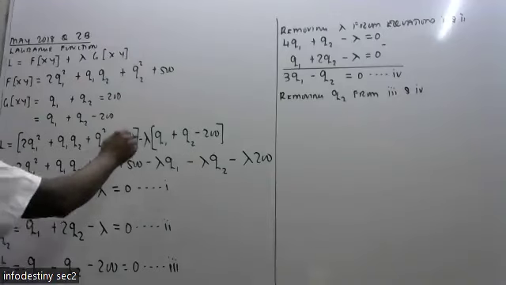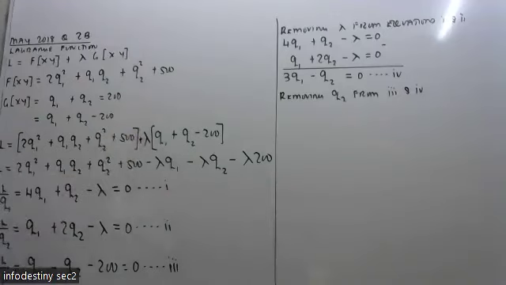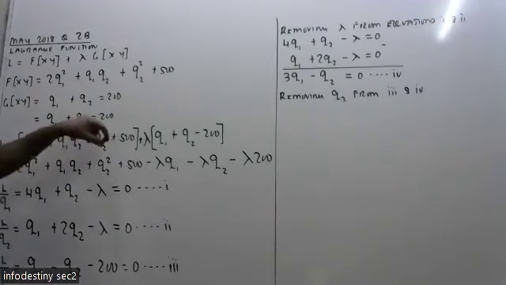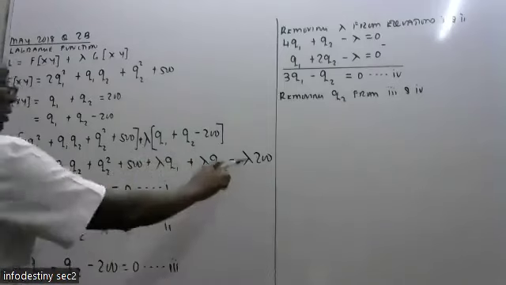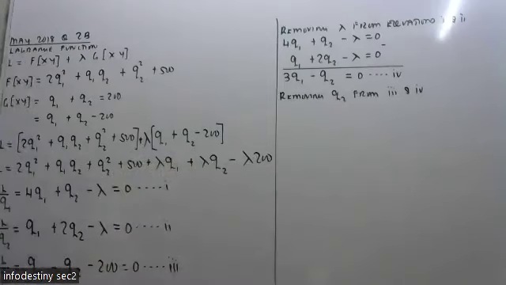This was supposed to be a plus. So let's rectify that. That was supposed to be a plus. Thank you, Mary. I think I was overtaken by this one. So plus there. So if that is the case, this becomes plus. This becomes plus. But this remains minus, eh?